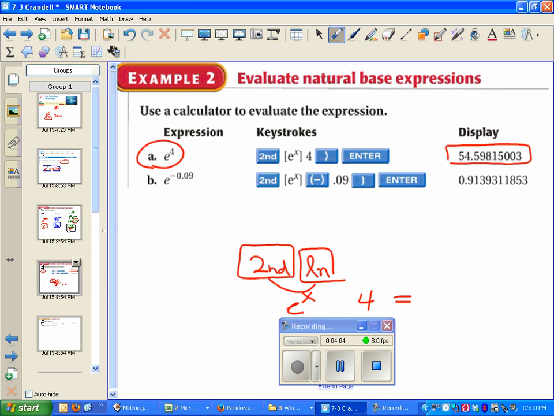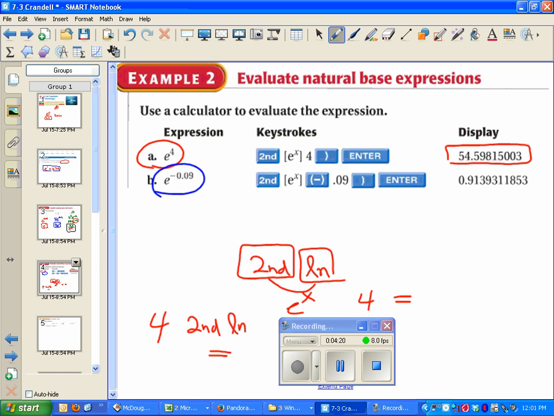If you have one of those backwards calculators, you're going to do 4 first, then second ln, and then equals. So either one.